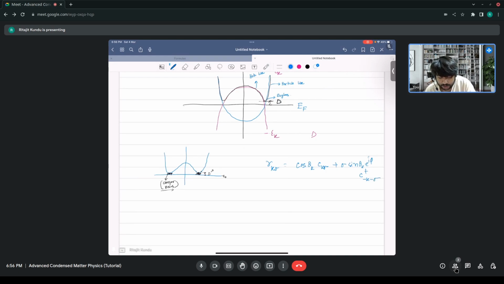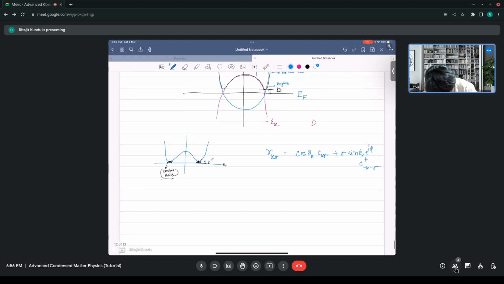So whenever you are far from the Fermi energy, let's say when the momentum is much less than the Fermi momentum, then what you have is just gamma_k sigma dagger equal to sigma c_{-k,-sigma}. So it is not a linear combination anymore, it is just one of these annihilation operators.